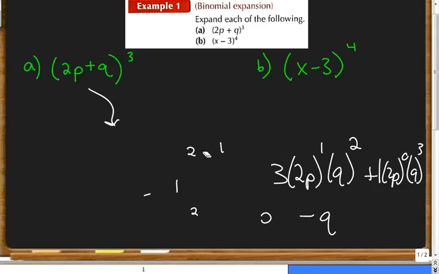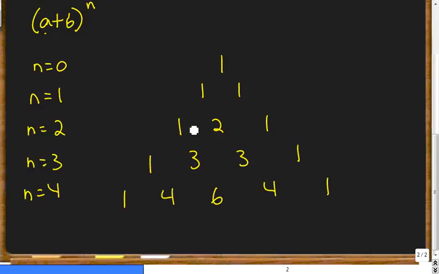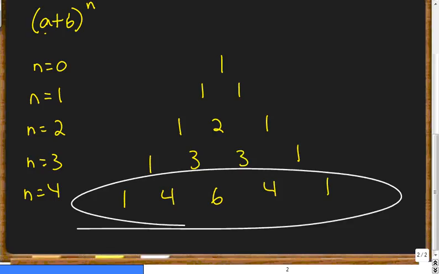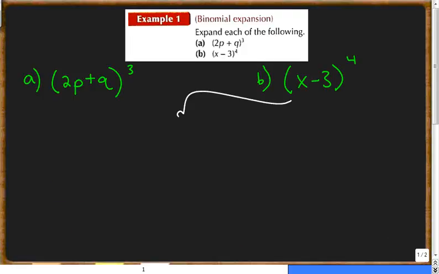Okay, so let's look at the second one. The second one is x minus 3 to the fourth power. Well, we go down to where n is 4. So you're going to have 5 terms, and you're going to have a pattern that looks like this: 1, 4, 6, 4, 1. So for the 1, x is going to get all of the exponents.